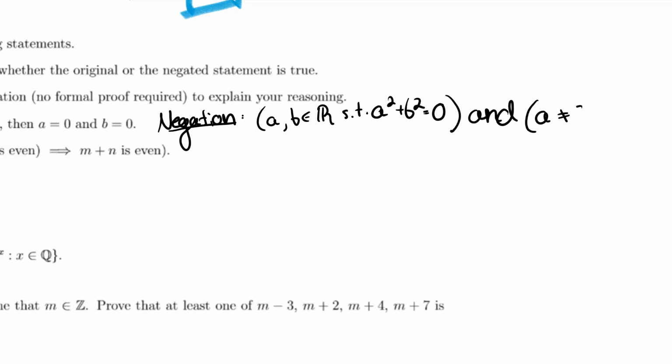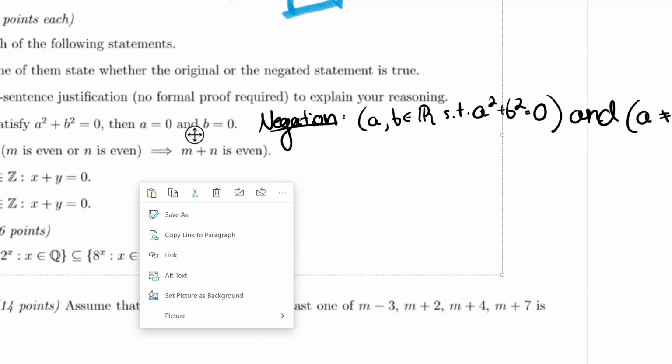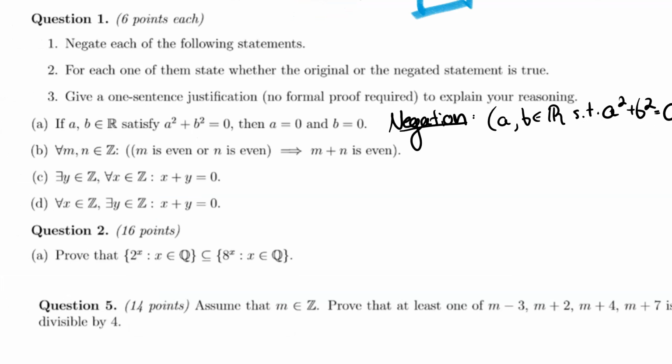So what's the negation of that? It will be A is not equal to 0, or B is not equal to 0. Okay, so here's how you could think about it. You could think about it like p implies q and r.